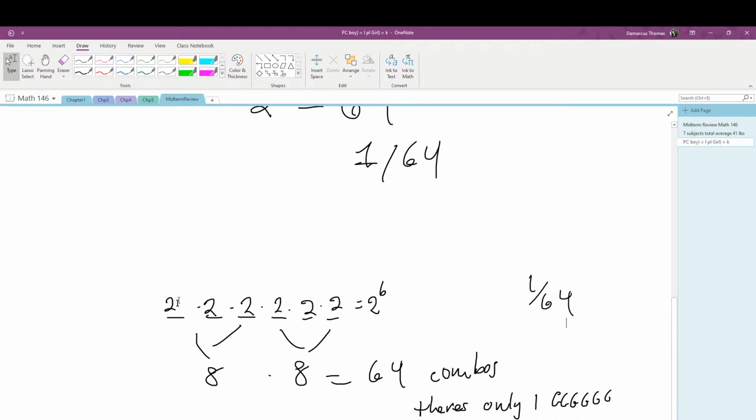The other way would be to actually just multiply the probabilities of each one. You had a 1/2 chance of a girl in the first birth, 1/2 in the second, 1/2 in the third, 1/2 in the fourth. Let me make this clear for everyone so you can see this clearly.